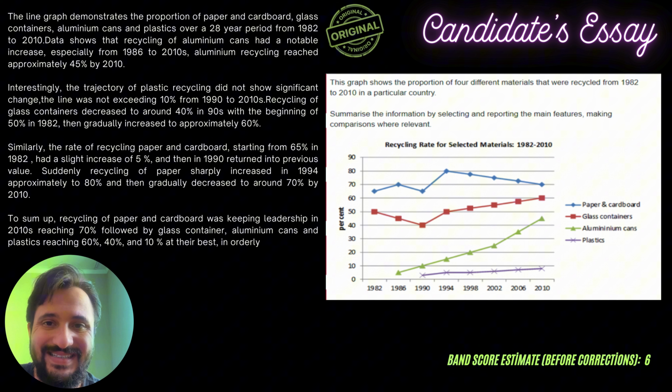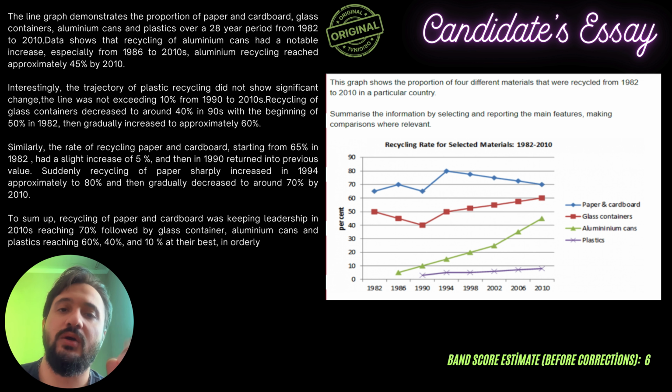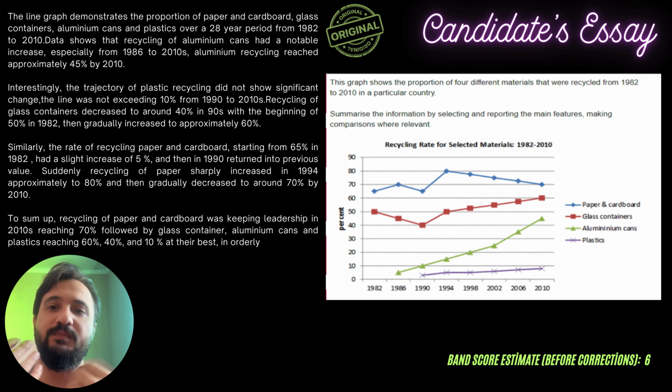The line was not exceeding 10% from 1990 to 2010s. This is again wrong. The line did not exceed 10% from 1990 to 2010 is the corrected version. Six, incorrect comma usage. Slight increase of 5% then in 1990 returned into a previous value.